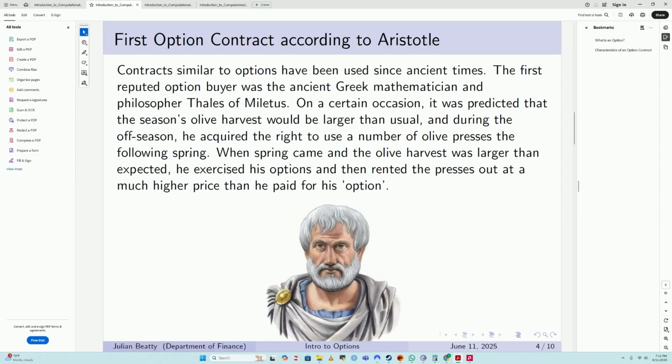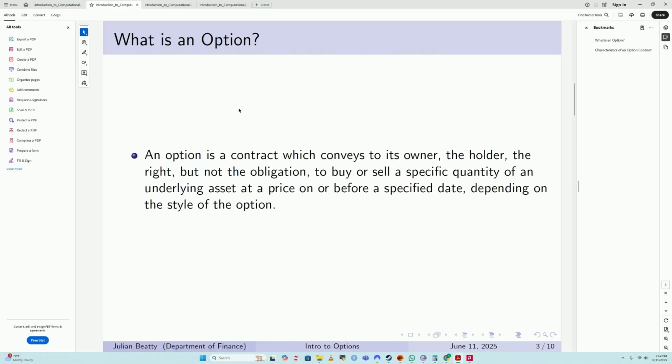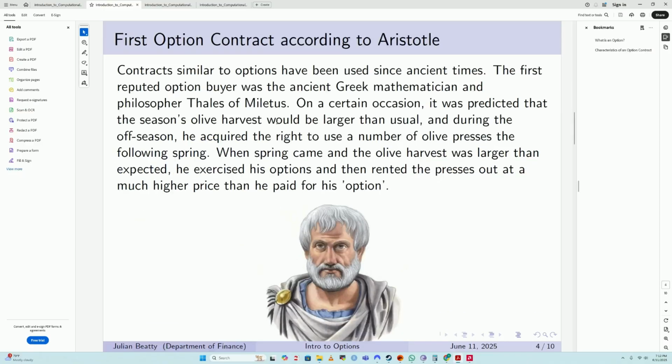When spring came and the harvest was due, it was a lot larger than most people expected, and he exercised his options, got a bunch of olive presses, and rented them out. He made a lot of money because he was able to secure these olive presses in advance for a lot cheaper than what he was renting them out for. Now, in truth, this is more of a legend, but this is just kind of the idea.